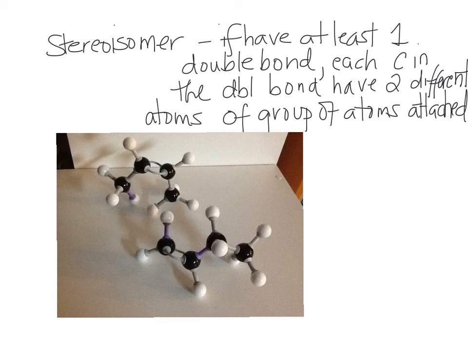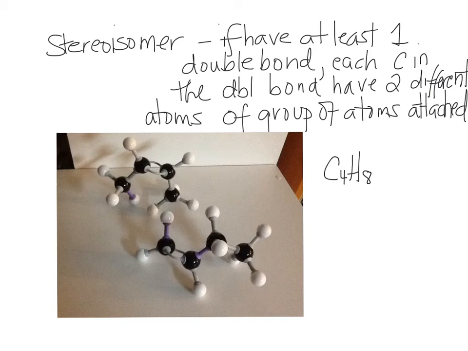Here's 2 models. They have the same molecular formula. They are both C4H8. The black balls are the carbons. The white balls are the hydrogens. Then the gray and the purple sticks are the bonds. Don't worry about the 2 different colors.